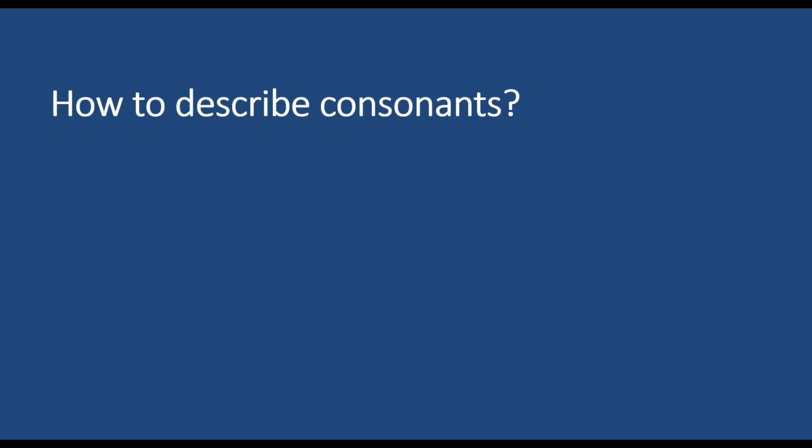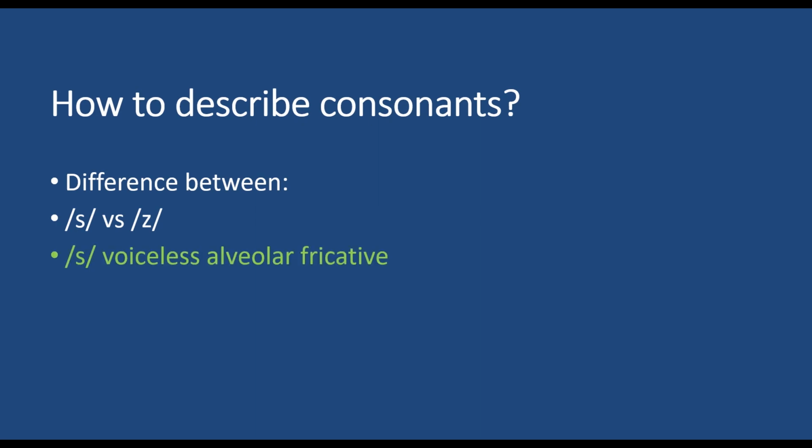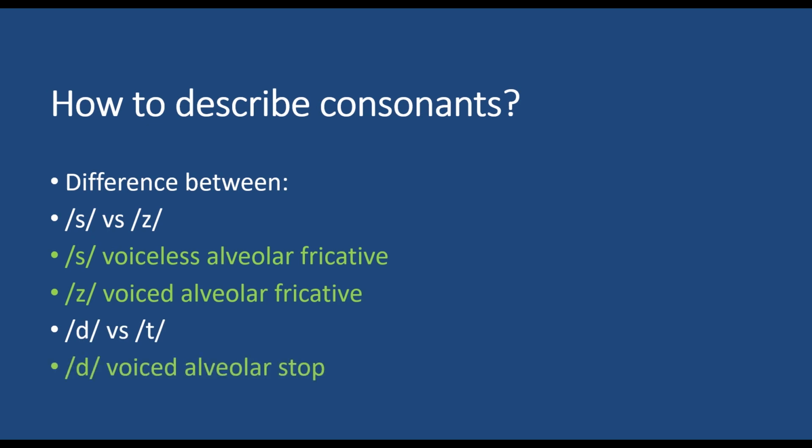If we look at the first example that I gave you at the beginning of the video, the difference between s and z, we can say s is voiceless alveolar fricative, while its counterpart z is a voiced alveolar fricative. And then the same thing that we've already seen a couple of times, you have the voiced alveolar stop versus the voiceless alveolar stop.